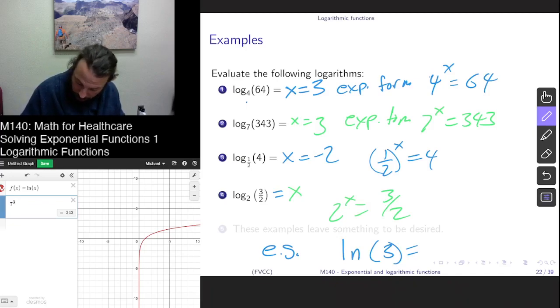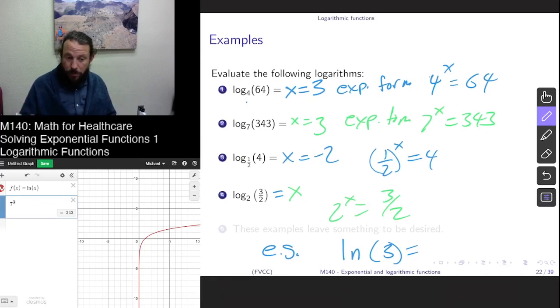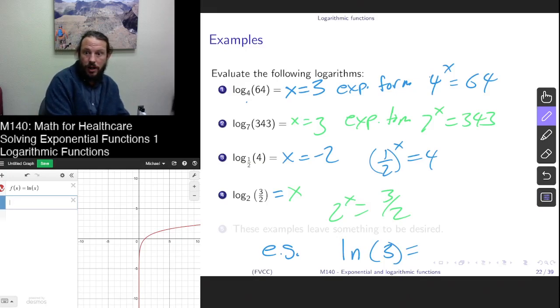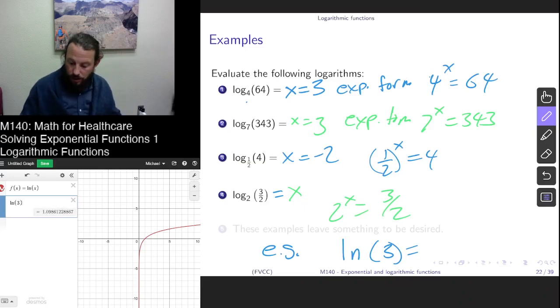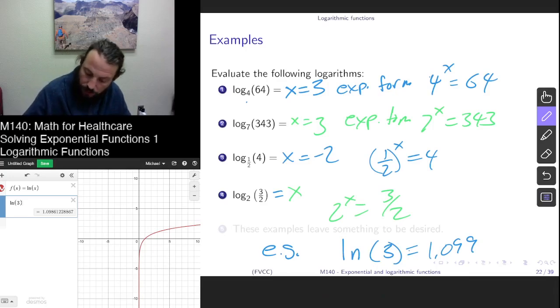We're asking what power do I raise e to get 3, right? And notice over here I have my function in there. I could just check, ln of 3. That's about 1.099. And so you can see we can just calculate these when we have the correct bases, and natural log is the easiest to use for that.